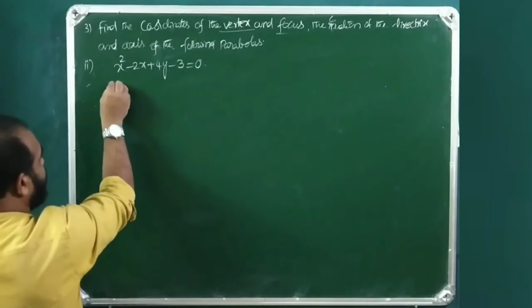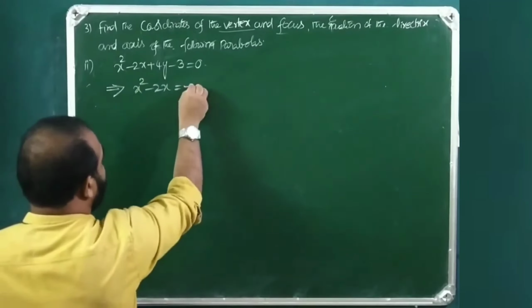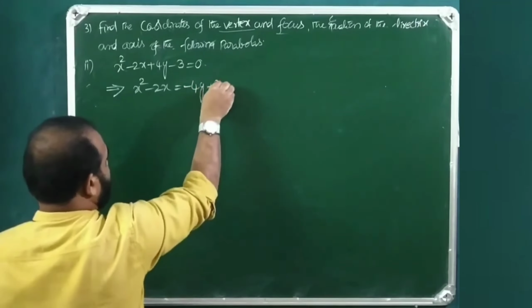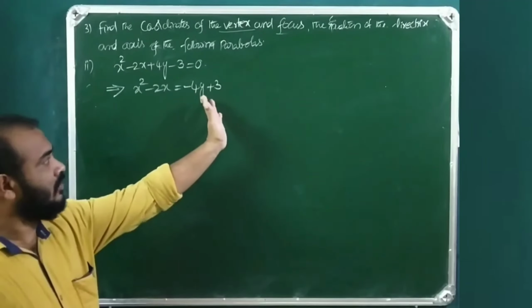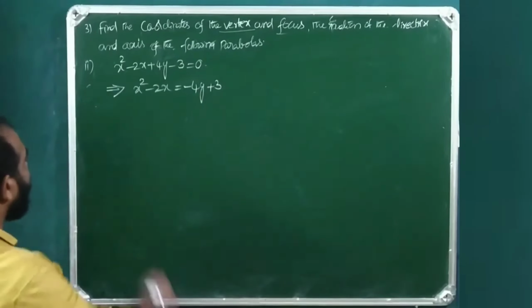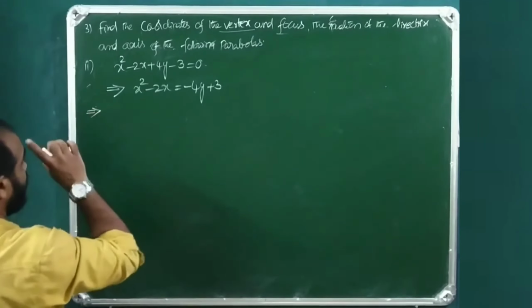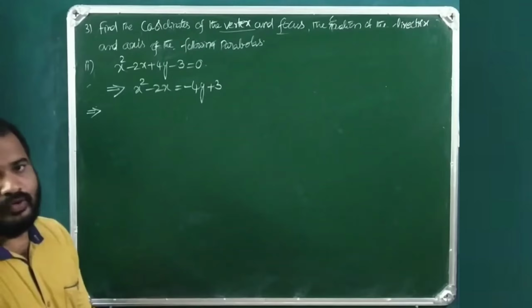Now, this is x square minus 2x equals minus 4y plus 3. So, keeping all x terms on one side and the constant and the y coefficient on the other side. This is to be converted into a minus b whole square.